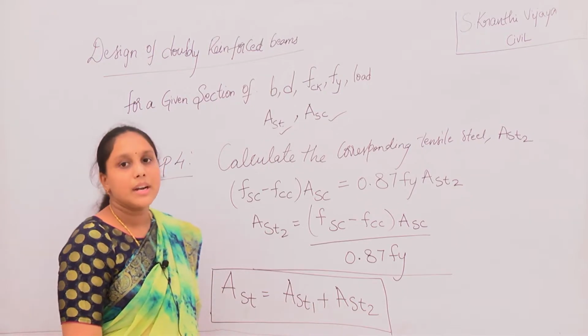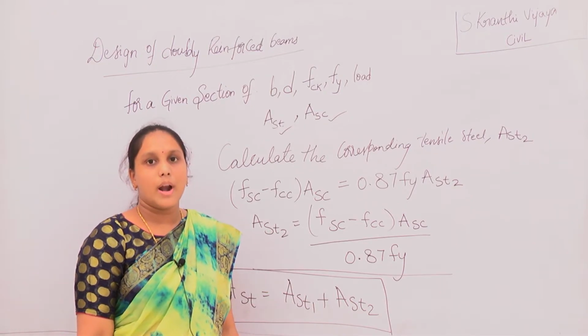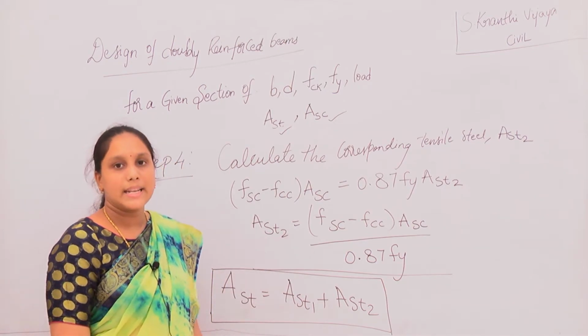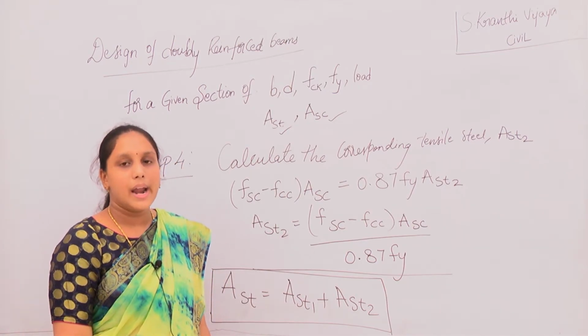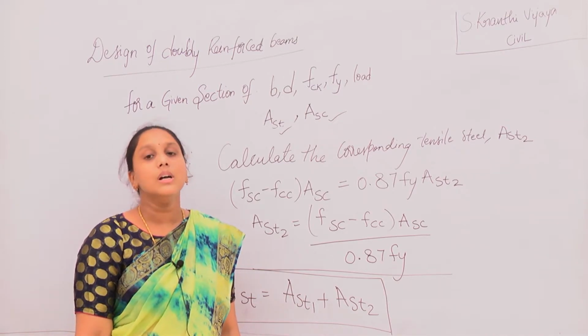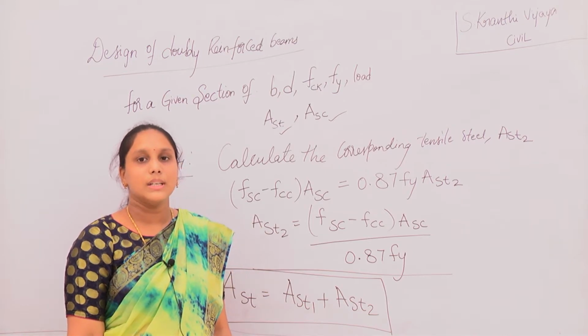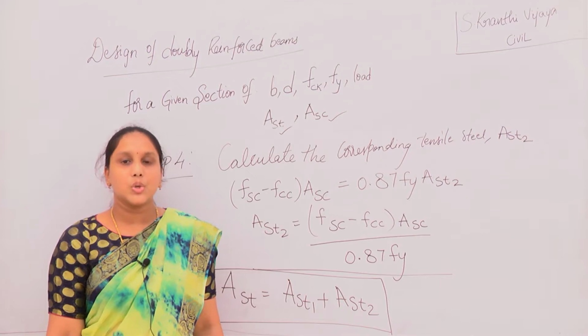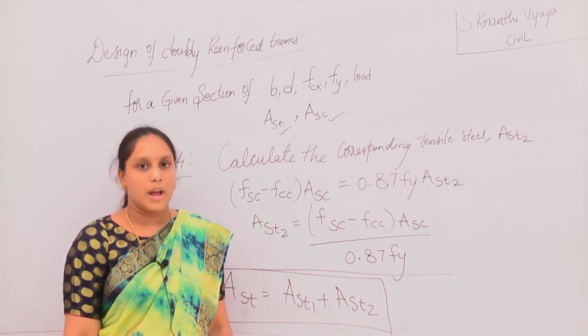After calculating the number of bars required, the next step is to calculate the Xu and Xu limit, and compare the neutral axis depth value and the limiting neutral axis depth value, that is the Xu and Xu limit value.